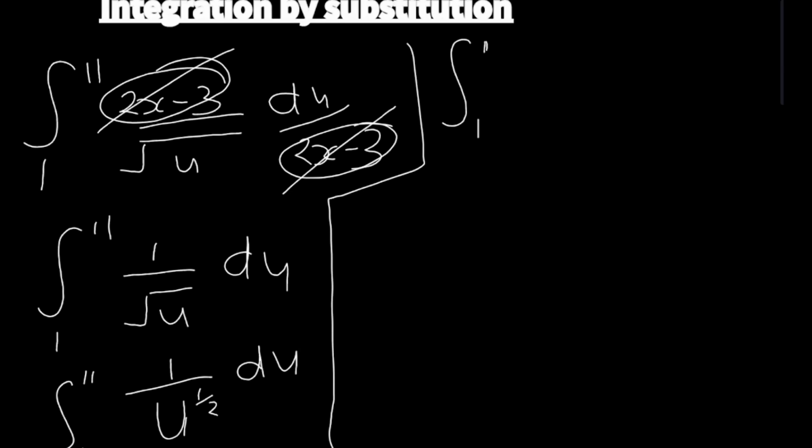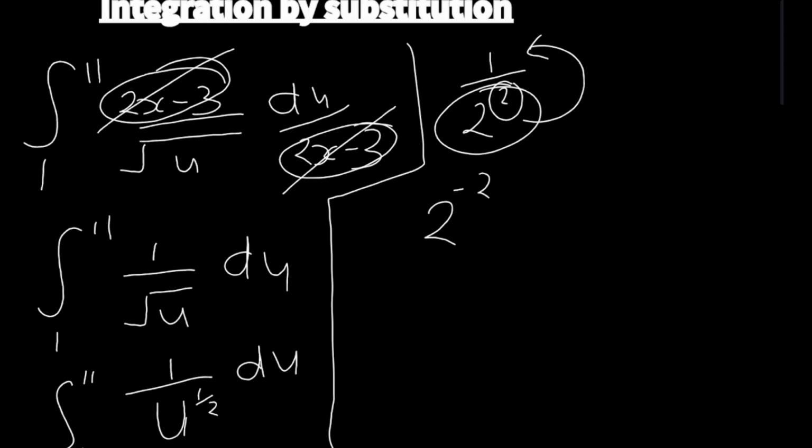Now, remember from algebra, whenever you have something like 1 over, let's say, 2 raised to 2, this is the same as 2 raised to negative 2. We take this to the upper side, but we include a negative in the power. Say you are given 1 divided by 3 raised to 5. This is the same as saying 3 raised to negative 5.